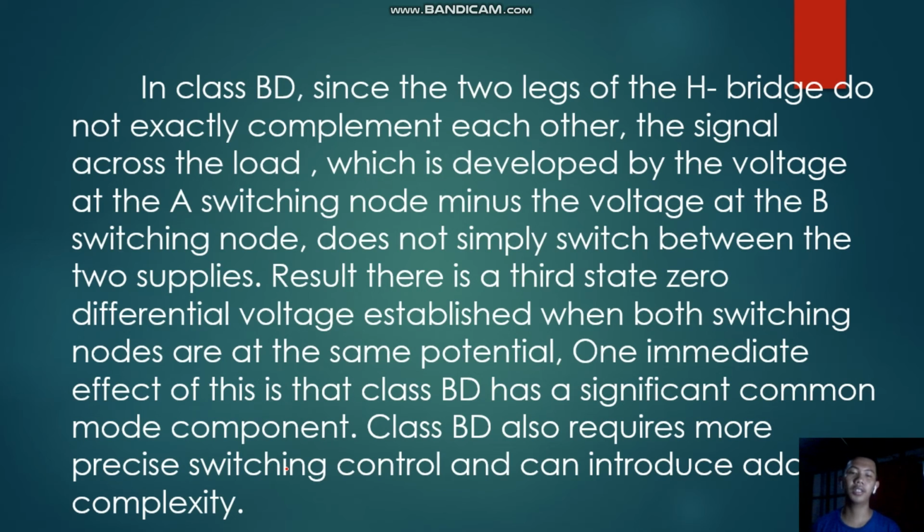As a result, there is a third state, zero differential voltage, established when both switching nodes are at the same potential. One immediate effect of this is that class BD has a significant common mode component. Class BD also requires more precise switching control and can introduce additional complexity.